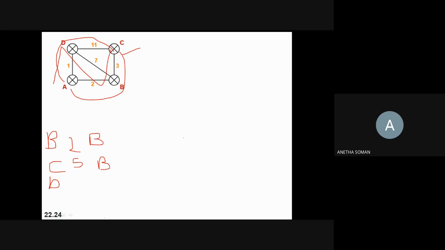Now what are the possibilities of reaching D from A? Tell me, anyone, what are the possibilities? Yes, AD, okay, with a cost of 1. Then ABD, the cost will be equal to 9, right? Then ABCD, the cost will be equal to 16.